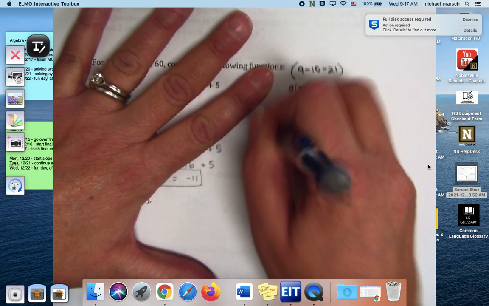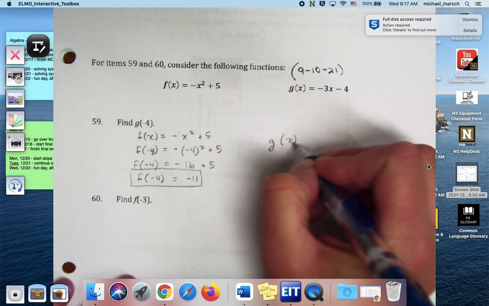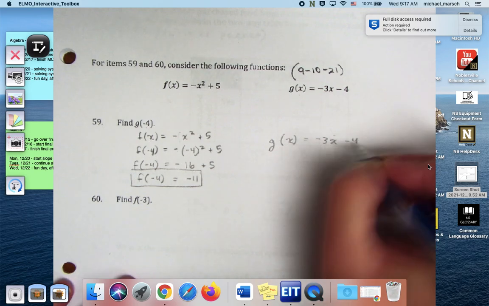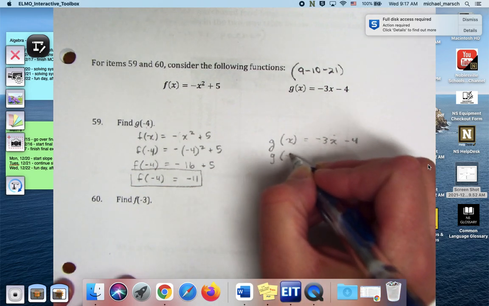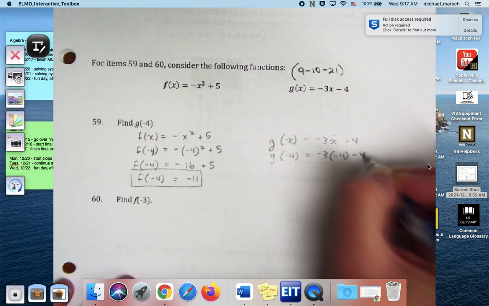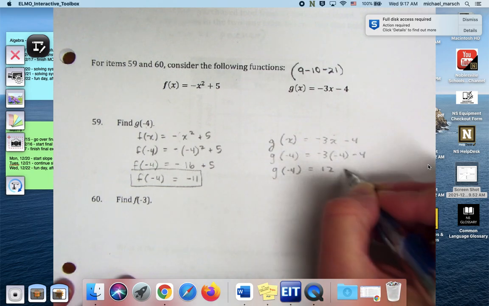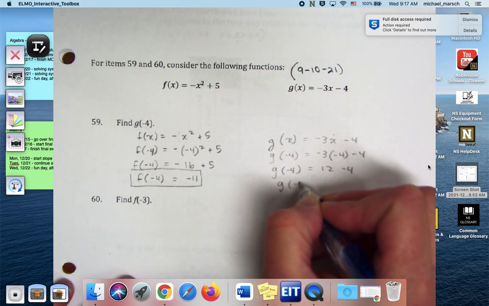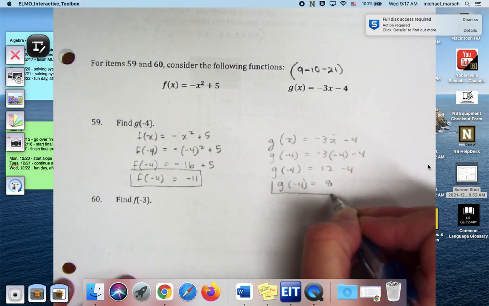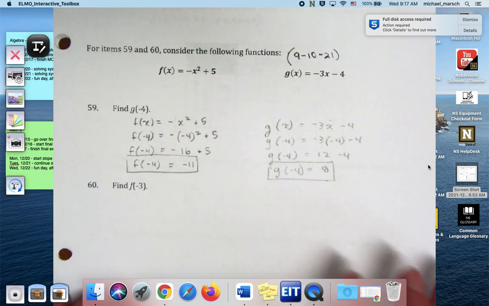I'll do both just in case you did both. G of x equals -3x minus 4. G of -4 equals -3 times -4 minus 4. G of -4 equals 12 minus 4. So you would get 8. So the function of -4 is 8. Notice I did nothing with that -4.